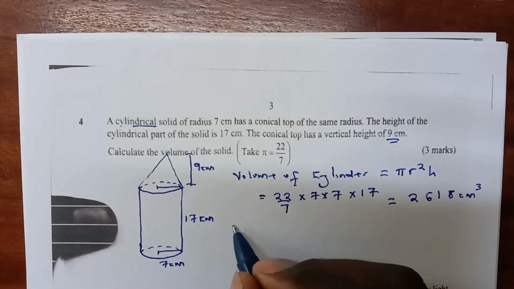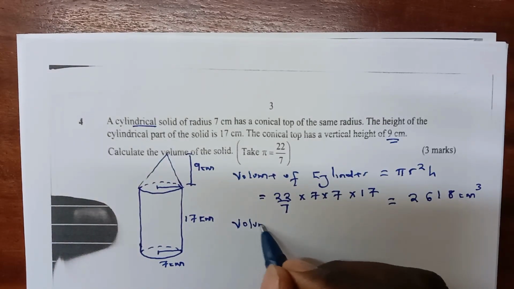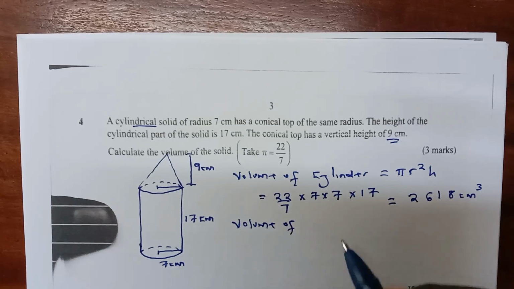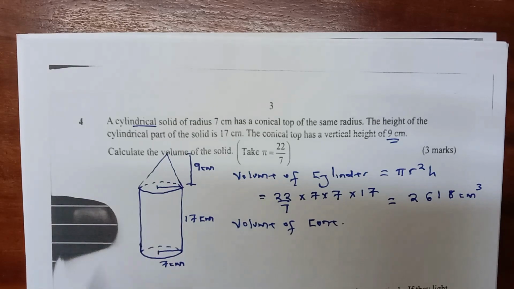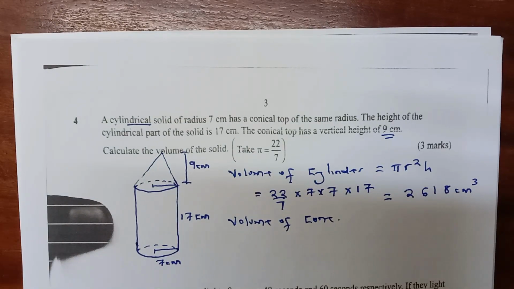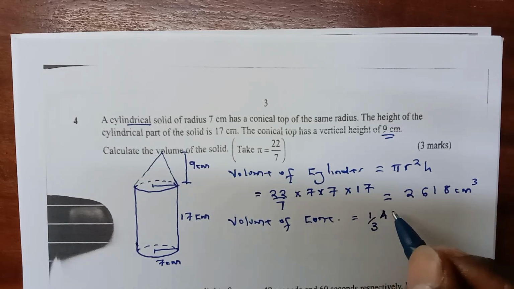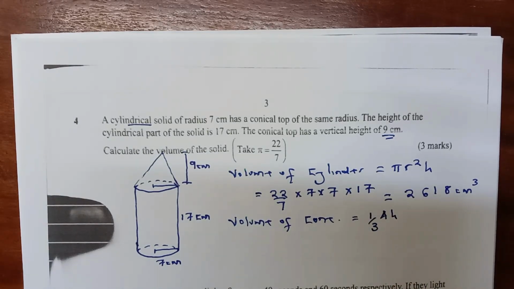We also calculate the volume of the cone, the conical part that is on top. So the volume of the conical part is given by a third base area times height, and the base area, it is circular, so it is pi r squared.